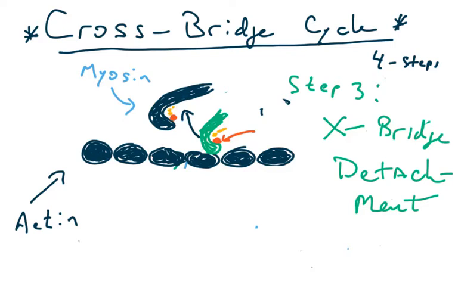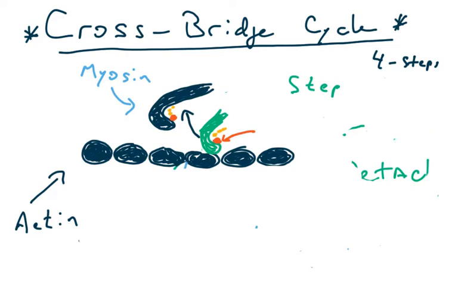And so once the myosin head is detached, we can move into step 4, which is what we can call the reactivation of the myosin head.